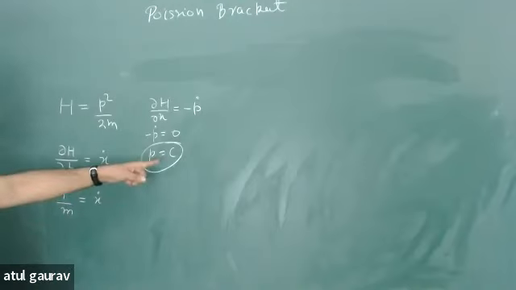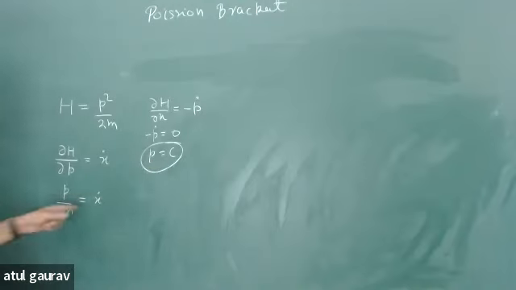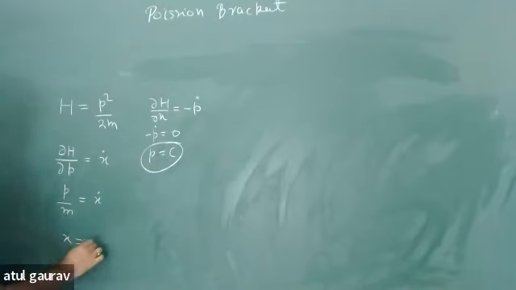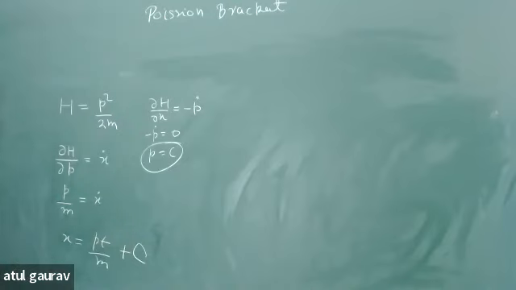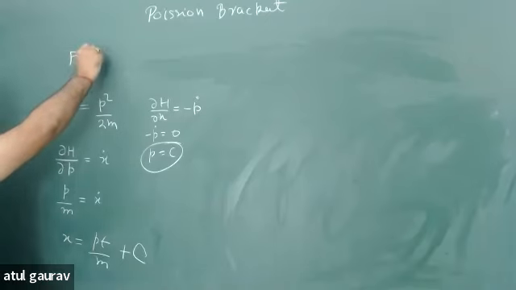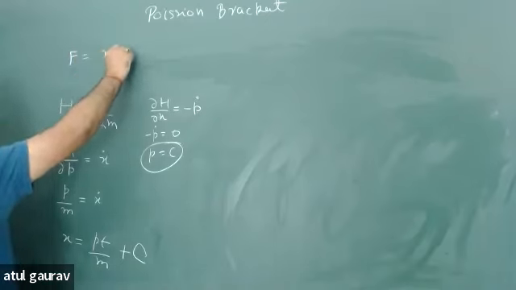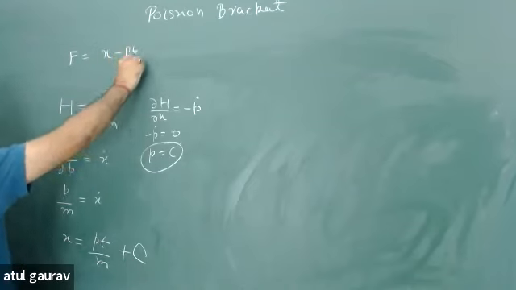So if your momentum is conserved, now you can integrate it. When you integrate it, what will you get? You will get x is equal to pt/m plus some integration constant, that is c. And now if you are going to equate this c to your f, what is your f? f is equal to x minus pt/m.